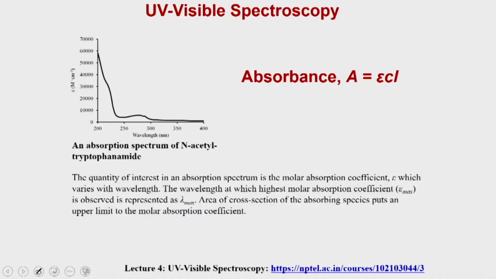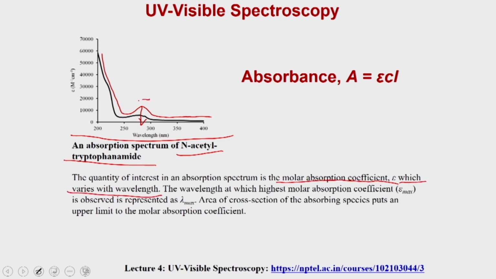Now, this is a typical absorption spectrum. What you see is the absorption spectrum of N-acetyl L-tryptophanamide, and the curve goes like this and then shows a peak at this wavelength. Whatever absorption it gives at this wavelength is called the molar absorption coefficient epsilon, which varies with the wavelength.